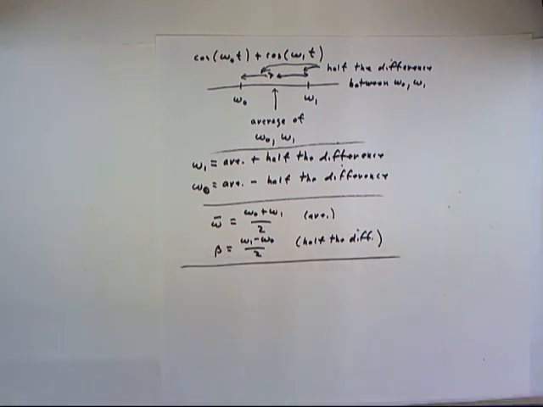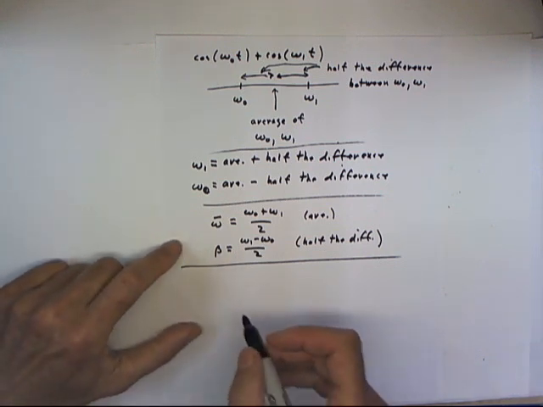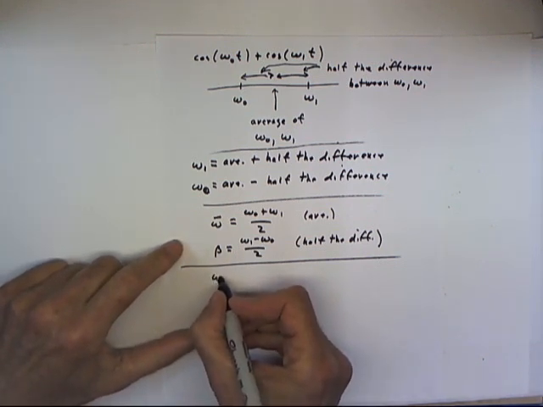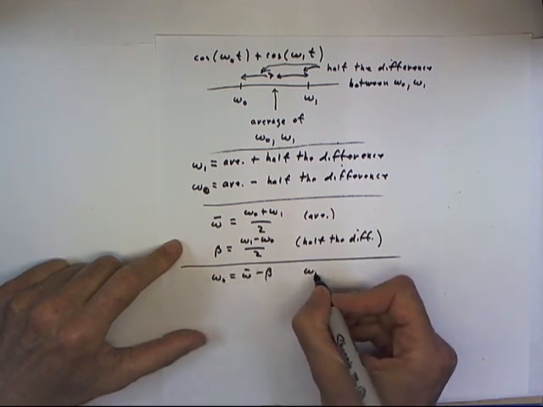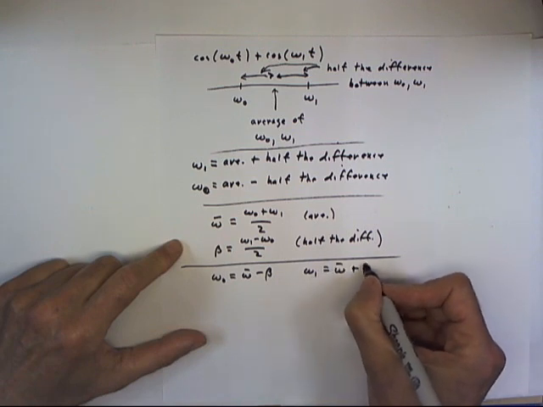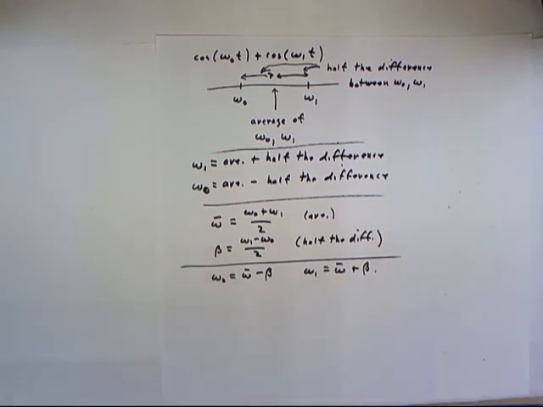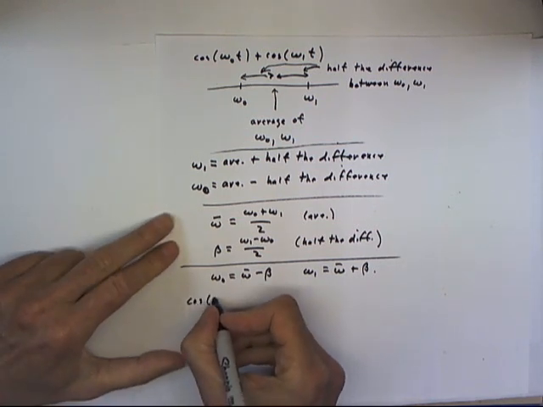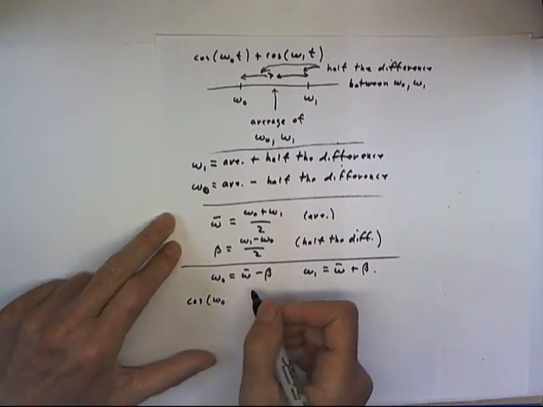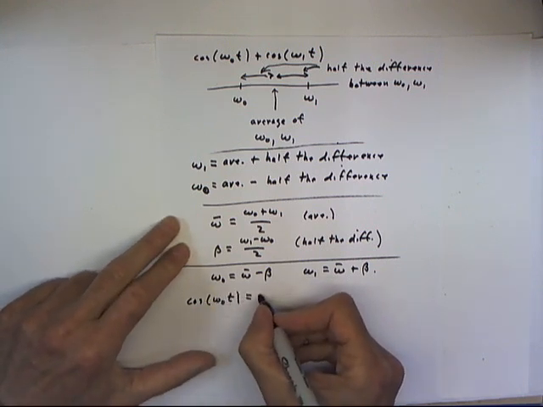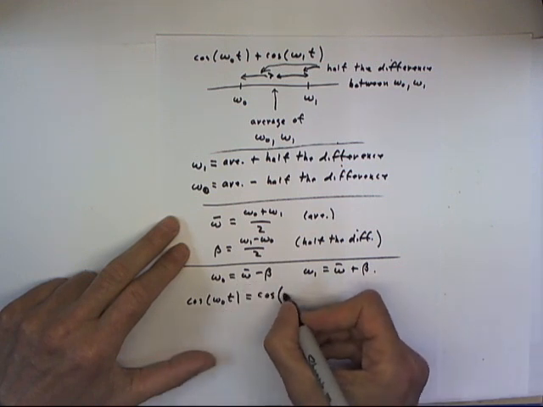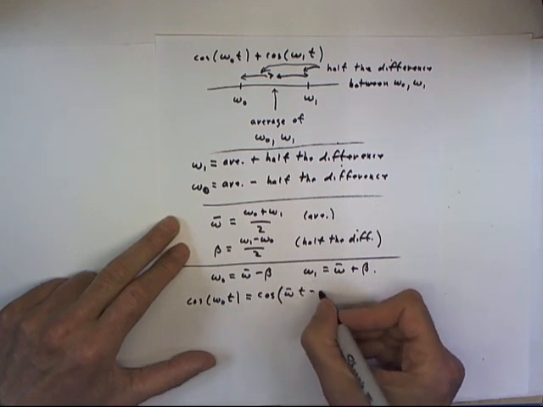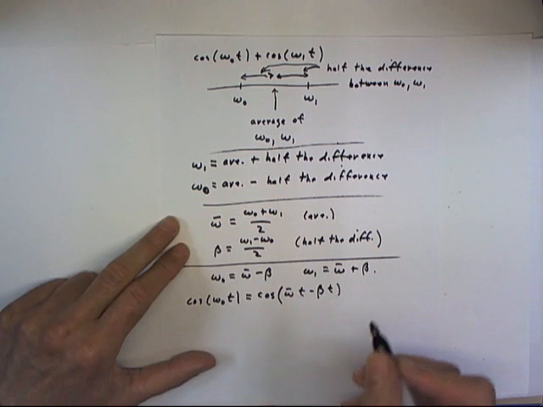Okay, how does that help us? Well, then we know that omega naught is going to equal omega bar minus beta, and omega 1 is going to equal omega bar plus beta. And now the cosine of omega naught t is going to equal the cosine of omega bar minus beta times t. And I'll distribute that, omega bar t minus beta t.